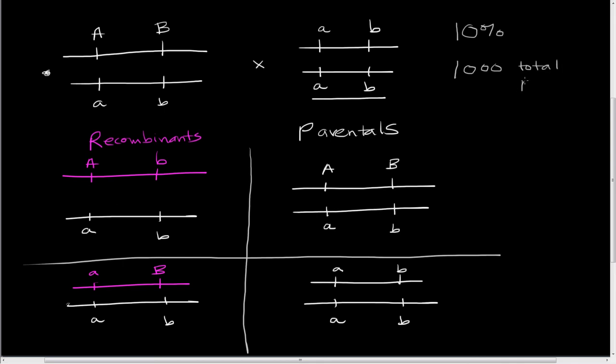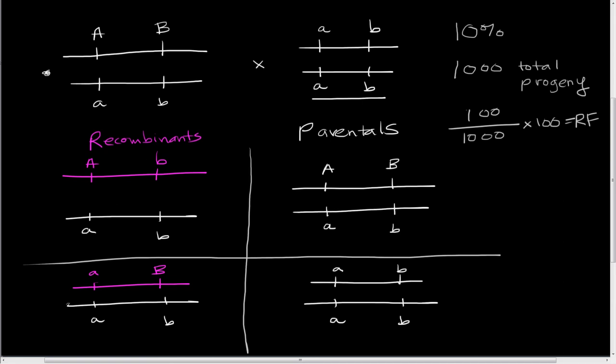How many of these progeny do we expect to be recombinants with a recombination frequency of 10%? Well, 10% of 1,000 is 100. And so we would say 100 out of 1,000 times 100 equals our recombination frequency, which is 10%. So 100 over 1,000 is 10 map units apart.